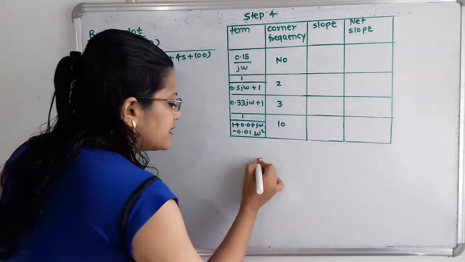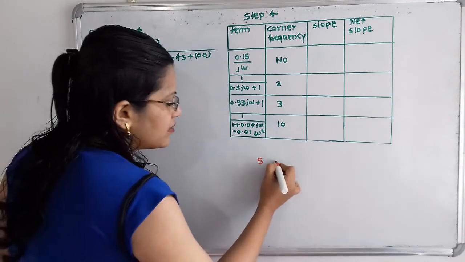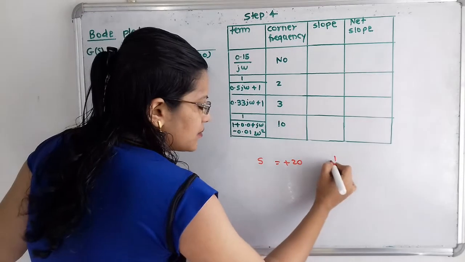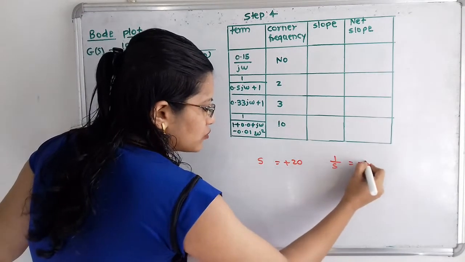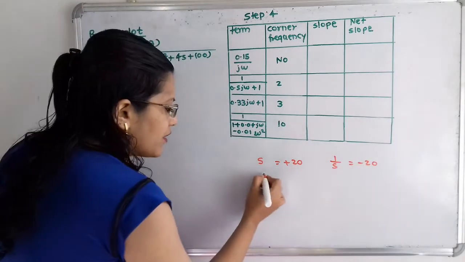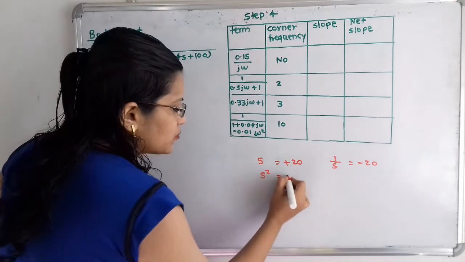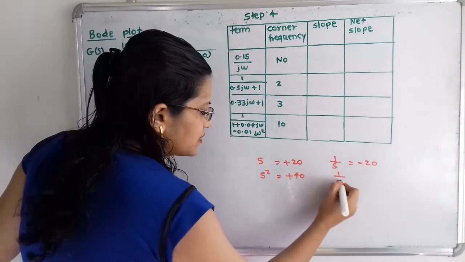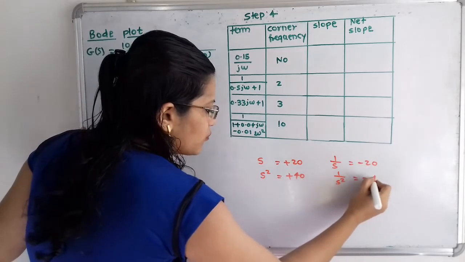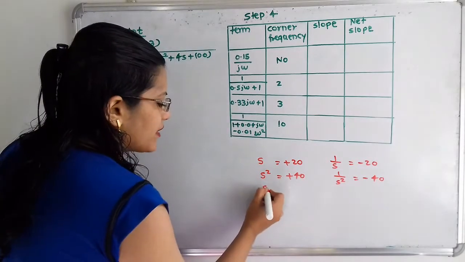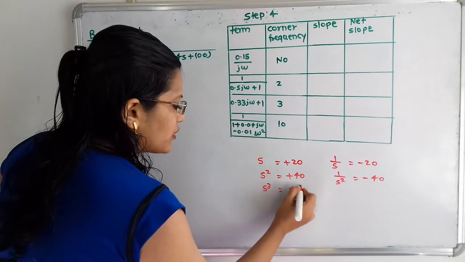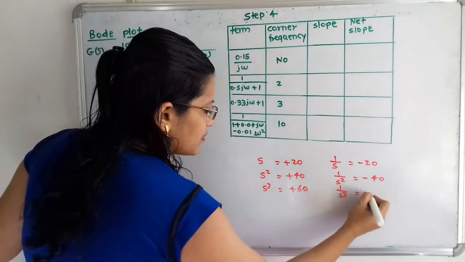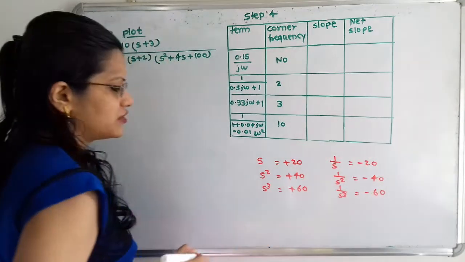Whenever the s term is in the numerator, we take slope plus 20. When the s term is in the denominator, we take slope minus 20. When the s square term is in the numerator, we take plus 40. When 1 by s square is there, we take minus 40. When s cube is there, we take plus 60, and when 1 by s cube is in the denominator, we take minus 60 slope.